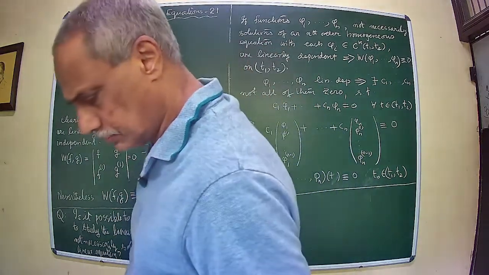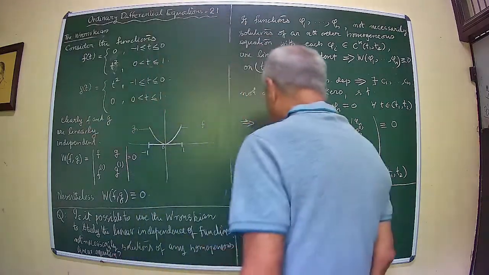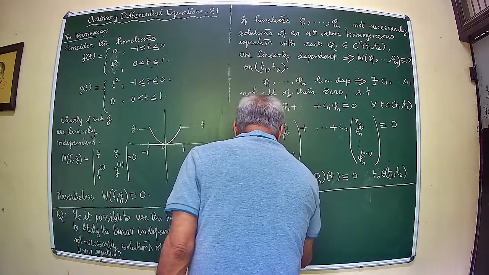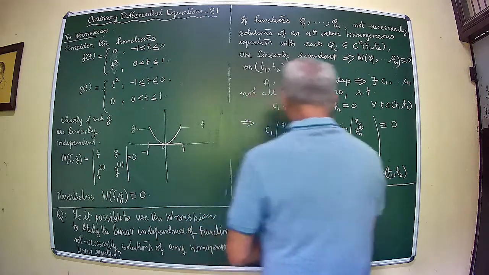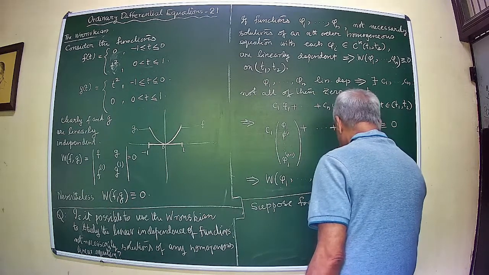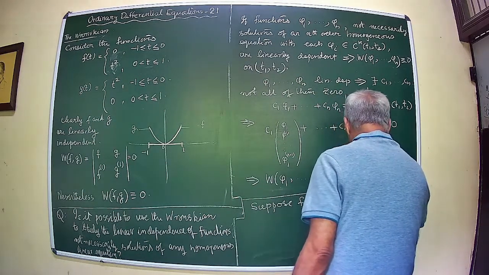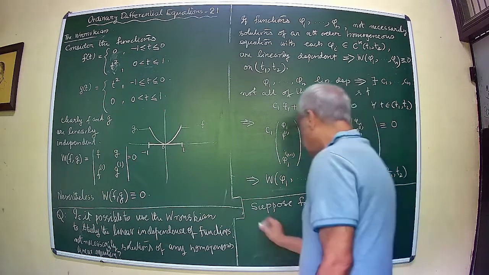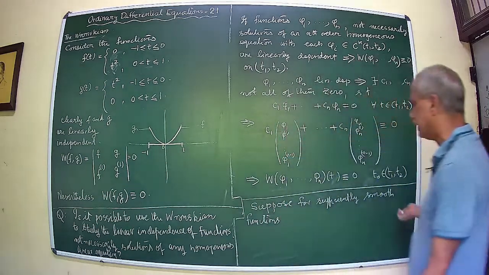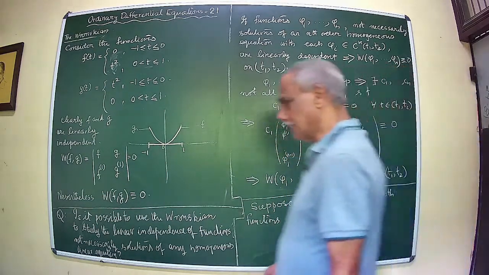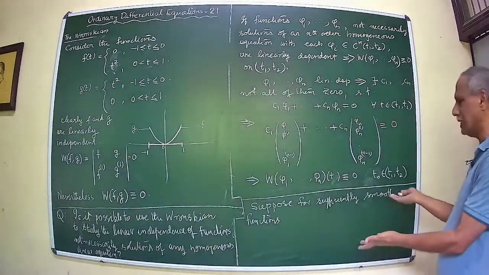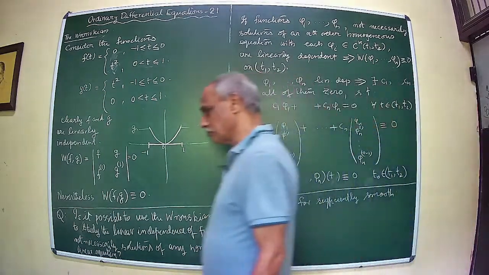Suppose we have sufficiently smooth functions, differentiable as many times as you want. You can write instead C^n functions.